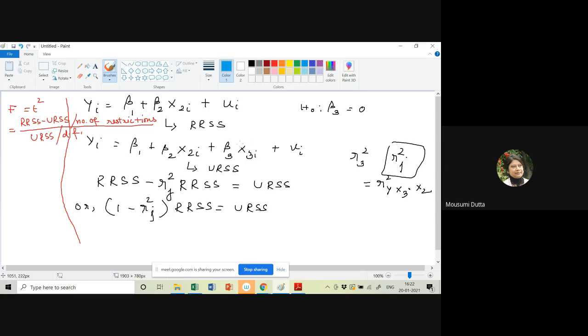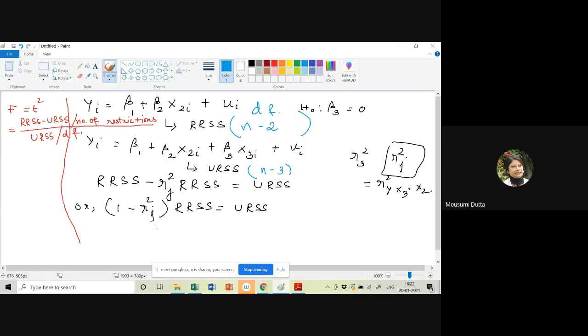For RRSS, n minus 2. Very good, because we have two parameters to estimate, beta 1 and beta 2, so the degrees of freedom is n minus 2. And what is the degrees of freedom of URSS? N minus 3.